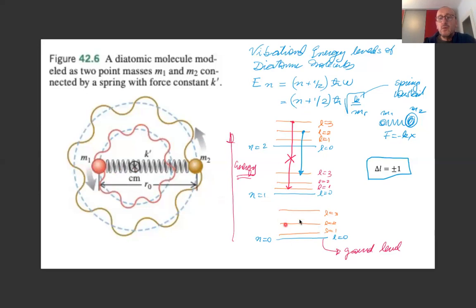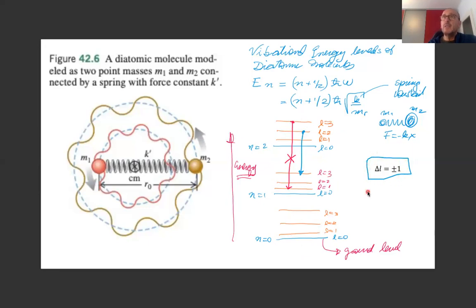When you put in the numbers, the spectrum looks like this, meaning you have a wide separation between energy levels related to vibrations, and a smaller separation linked to rotations.